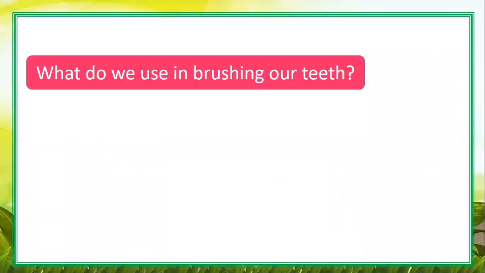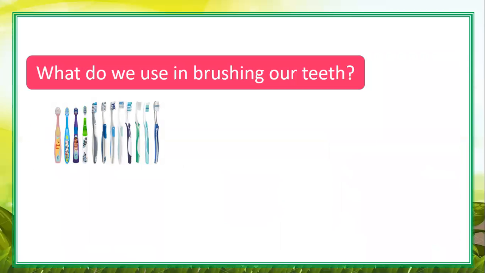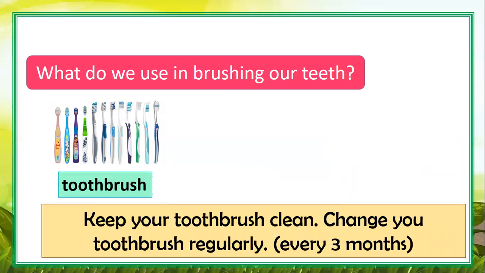So what are the things that we use in brushing our teeth? All right, we need to use a toothbrush, and make sure that you keep your toothbrush clean. You have to change your toothbrush regularly.